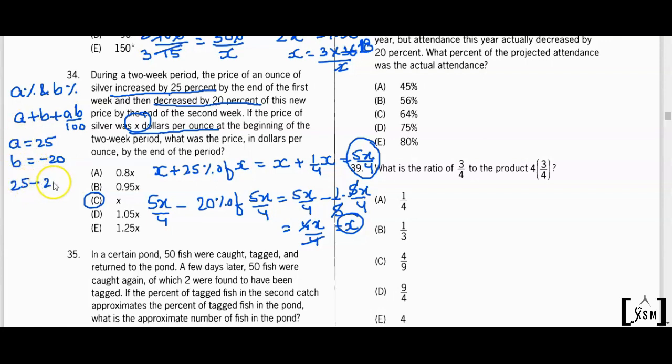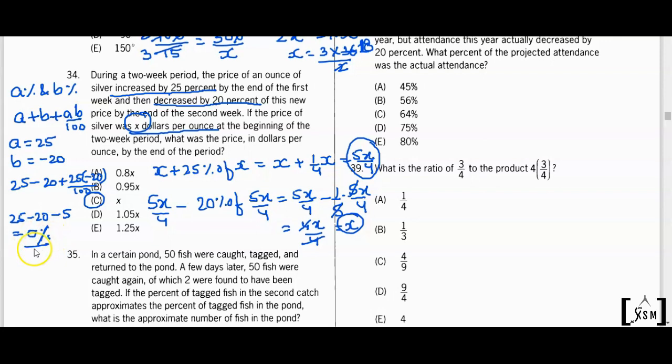25 minus 20 plus 25 times minus 20 divided by 100, right? So when we calculate that, we get 25 minus 20 minus 5, which is 0. It means that the two changes, first a 25% increase and second a 20% decrease, are equivalent to a 0% change in the value.